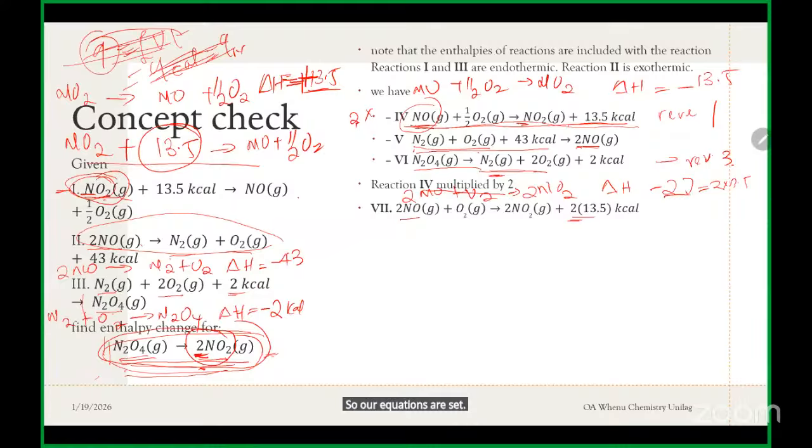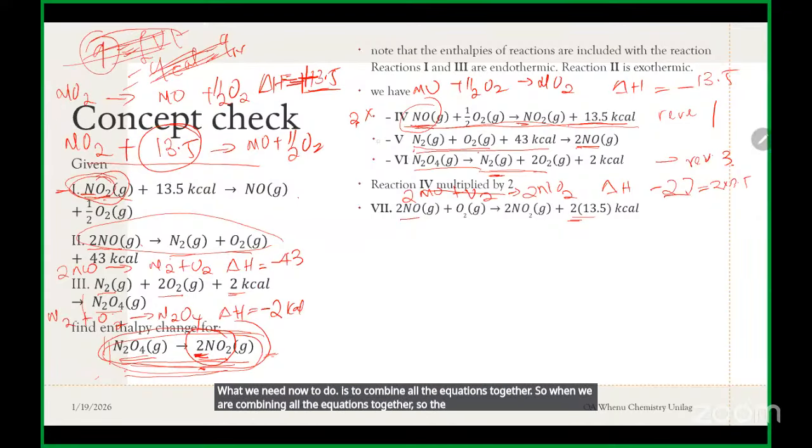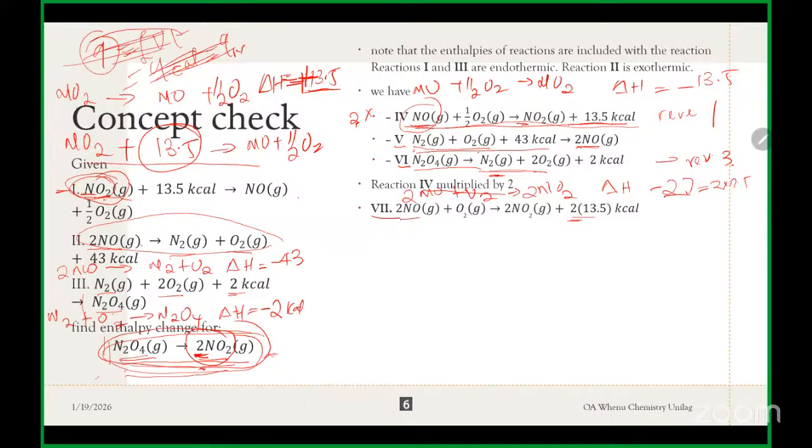What we need to do now is to combine all the equations together. The equations that we are combining now are equations 5, 6, and 7, because equation 7 is equation 4 that has been reversed. So the big one that scared the other person the other time.